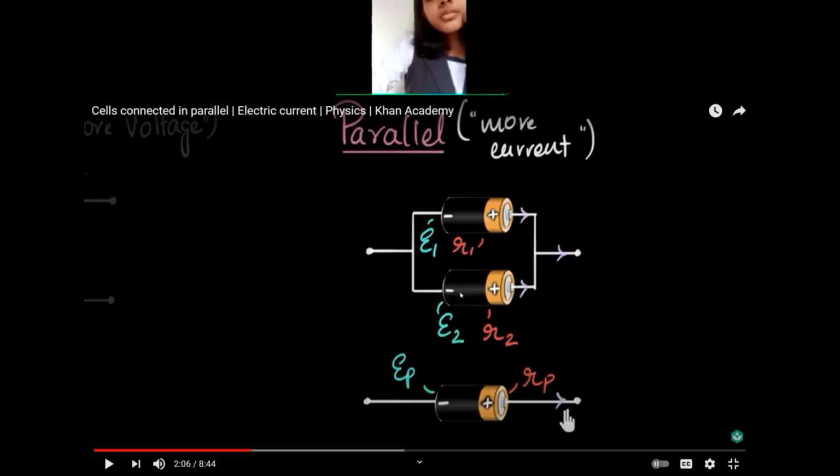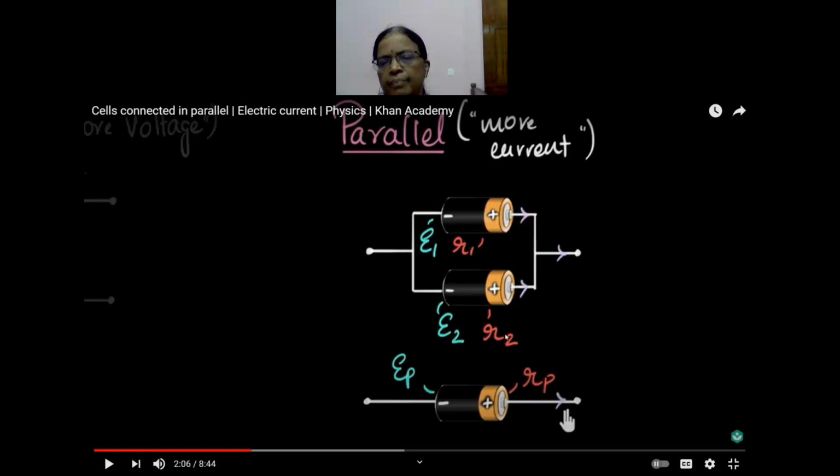Similarly, for this cell, EMF E2, internal resistance R2. We can take I1 here and I2 here. I1 is E1 by R1 and I2 is E2 by R2. So, the total current will be the sum of these two currents, I1 plus I2. That means E1 by R1 plus E2 by R2 will be the current coming through this part of the circuit.